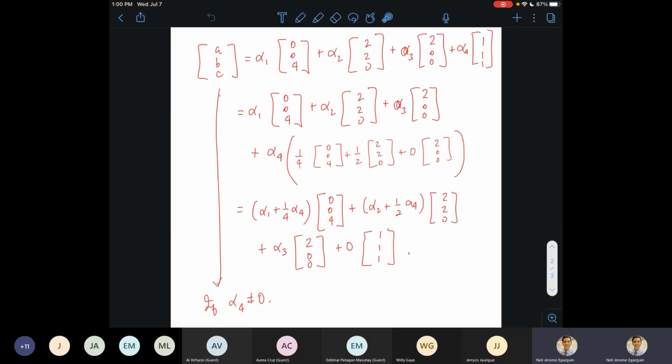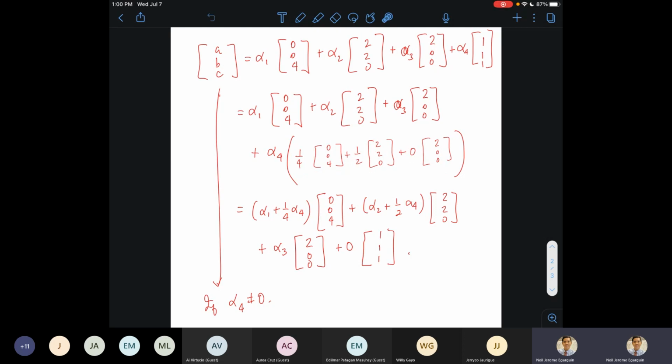This means that when one vector can already be written as a linear combination of the first few vectors, then that vector will not really contribute anything to any linear combination. Because the information 1, 1, 1 carries is also carried by the first 3 vectors already, with associated scalar factors here.